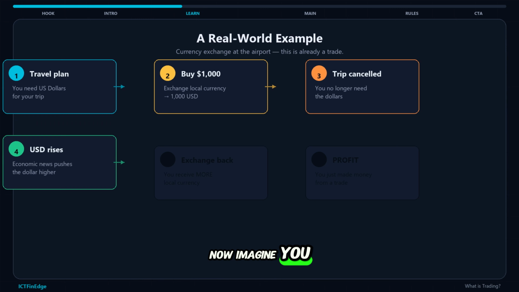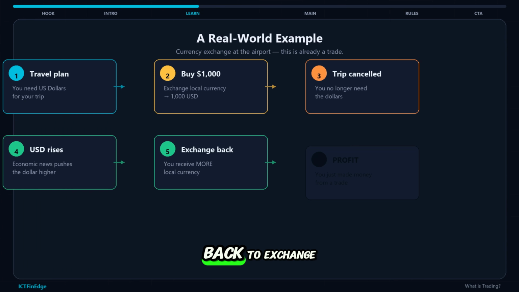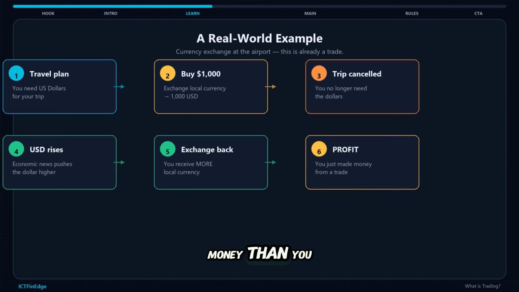Now imagine you cancel your trip, but over the next few weeks, the value of the US dollar goes up in the global market because of economic news. When you go back to exchange those $1000 back into your local currency, you receive more money than you originally spent. You just made a profit.